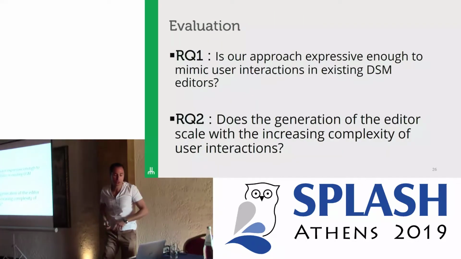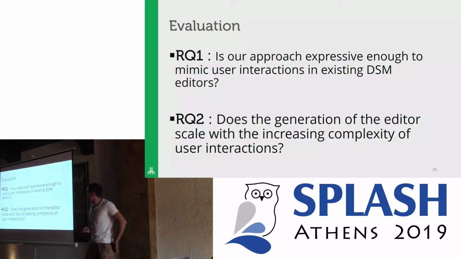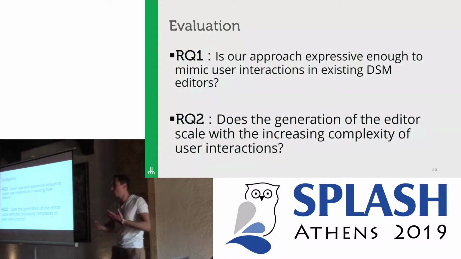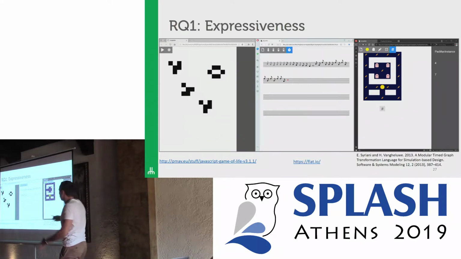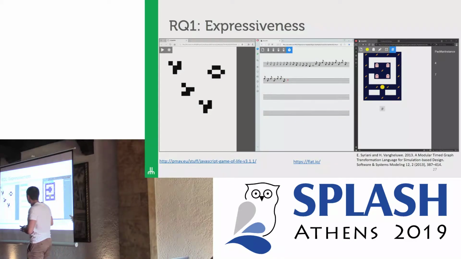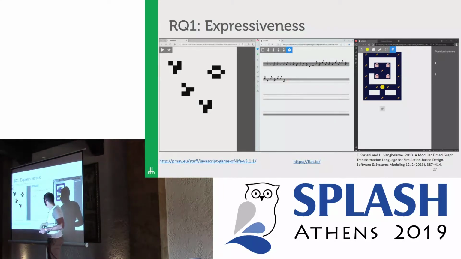For the evaluation, we asked ourselves: can we mimic the interactions using existing domain-specific editors, which I just showed you, and does the generation of the editors scale with the complexity of the interaction rules? We looked at three big domains: something super simple, something medium, where you have to do drag and drop and enable or disable some buttons in the toolbar, and something completely new, where we mimicked flat.io.